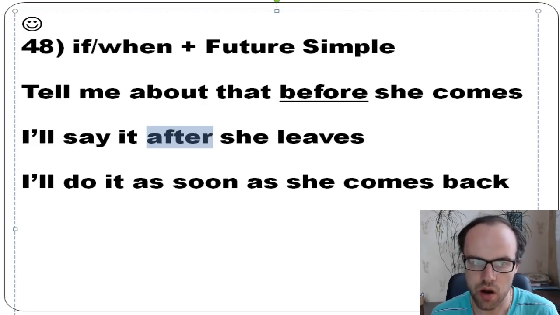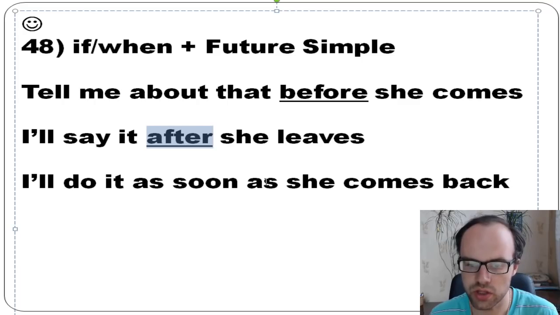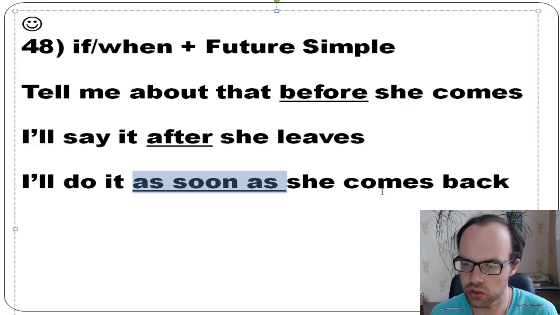I'll say it after she leaves. So we use present simple after she leaves or after she goes out, okay? So I'll do it as soon as she comes back. We also use present simple.